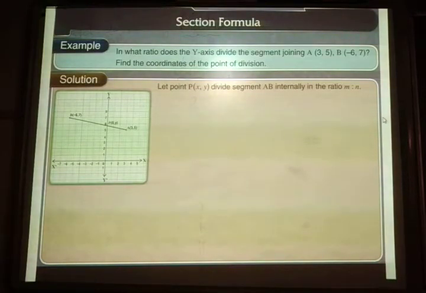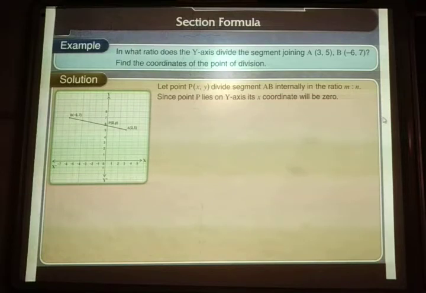Let point P (x, y) divide segment AB internally in the ratio m:n. Since point P lies on the y-axis, its x-coordinate is 0. Therefore, the coordinates of point P will be (0, y).